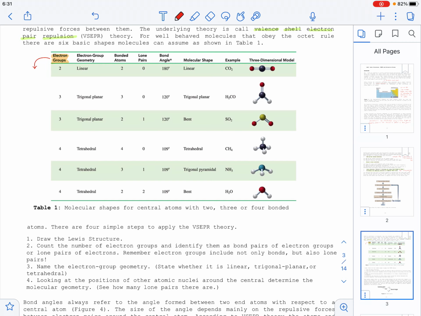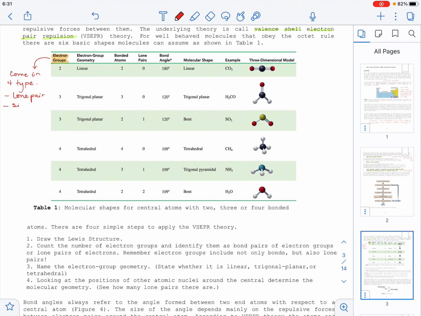Understand that the following terms that I'm talking about each represent one electron group. The first type of electron group is a lone pair. So that represents one electron group.